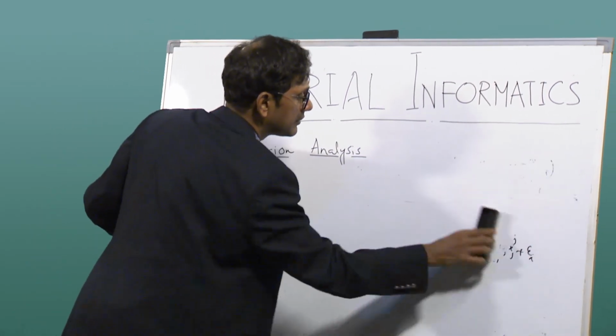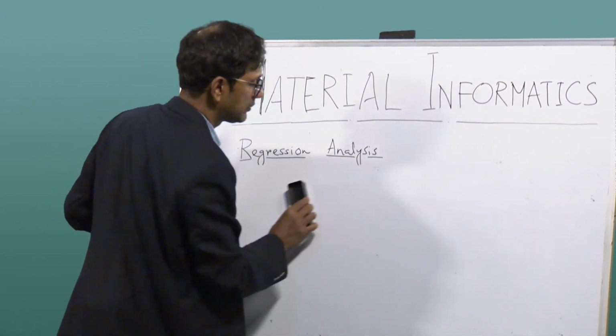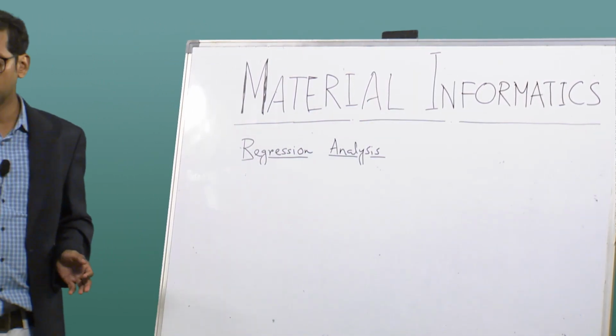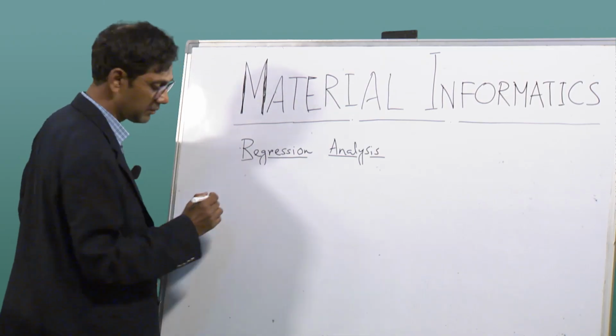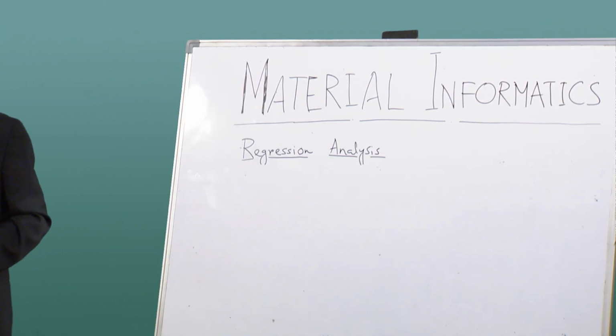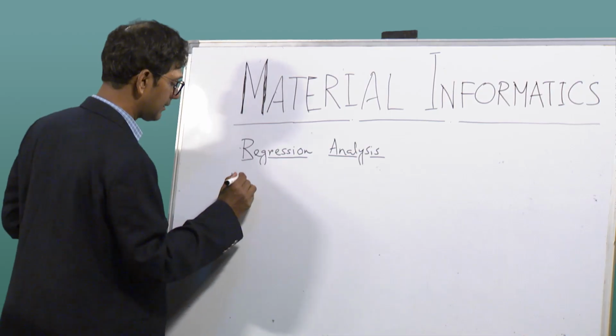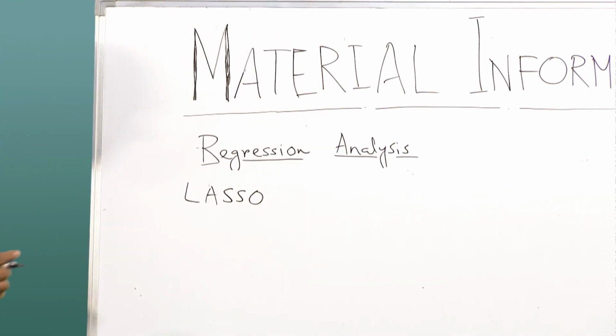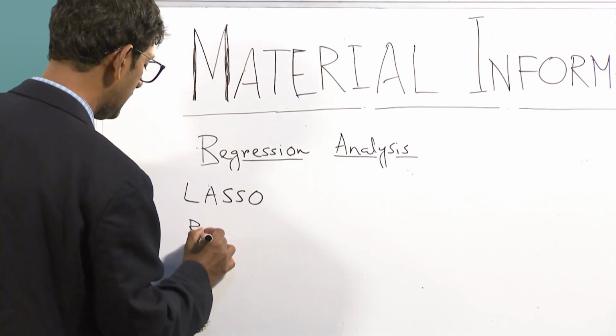So, there are two ways we can take care of this overfitting problem. One is called lasso. And what do you think is the full form of lasso? Ridge is easy to understand.